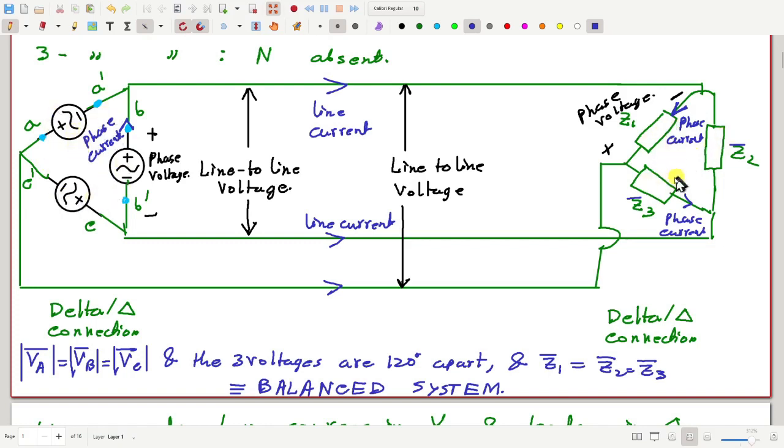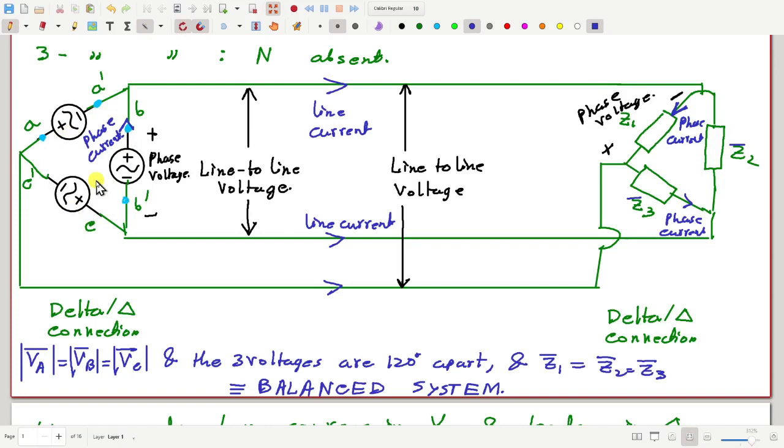However, the three loads may not be equal, then the load will be called unbalanced. If the three loads are equal, we call the loads balanced. If both the sources and loads are equal, and the sources are also 120 degrees apart, then we call it a completely balanced system.